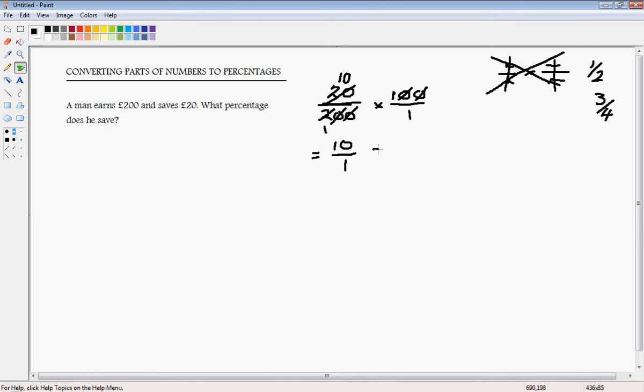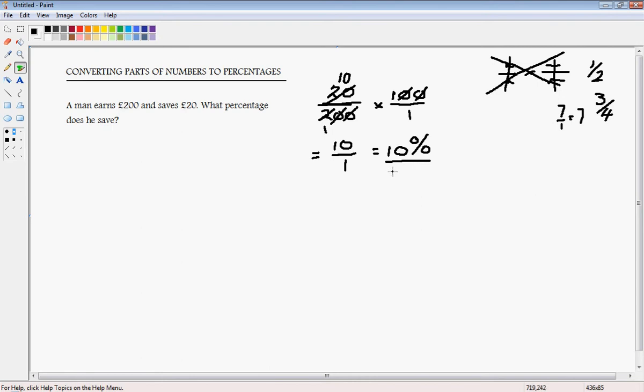Okay, now anything over 1 is itself. Okay, 7 over 1 is 7. 23 over 1 is 23. 146 over 1 is 146. So 10 over 1 is 10. Now what we've done by multiplying by 100 over 1 is we've turned that into a percentage. Okay, so what he saved as a percentage is 10% of his wages.